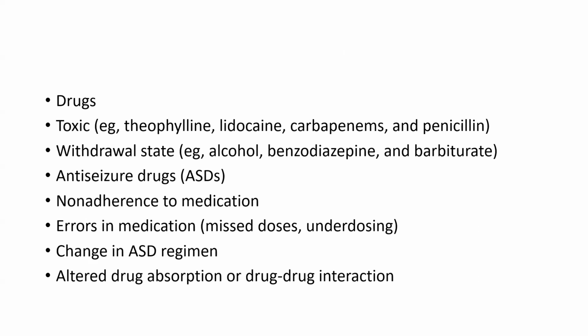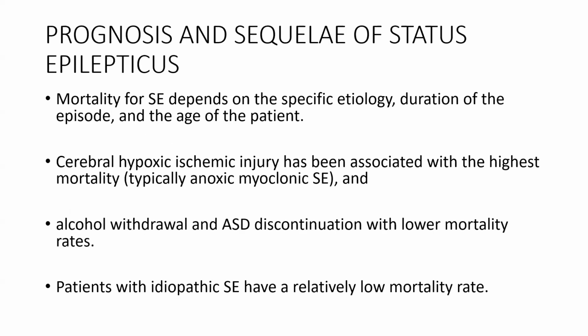Then anti-seizure drugs: non-adherence to the medication, errors in medication, or any change in prescription of the anti-seizure regimen, or altered drug absorption or drug-to-drug interaction. Now, there are a few metabolic causes of seizure like hypocalcemia, hypomagnesemia, hypoglycemia, hyperglycemia, and hyponatremia. It may also be caused by a hyperosmolar state, anoxia or hypoxemia, uremia, and hepatic dysfunction.